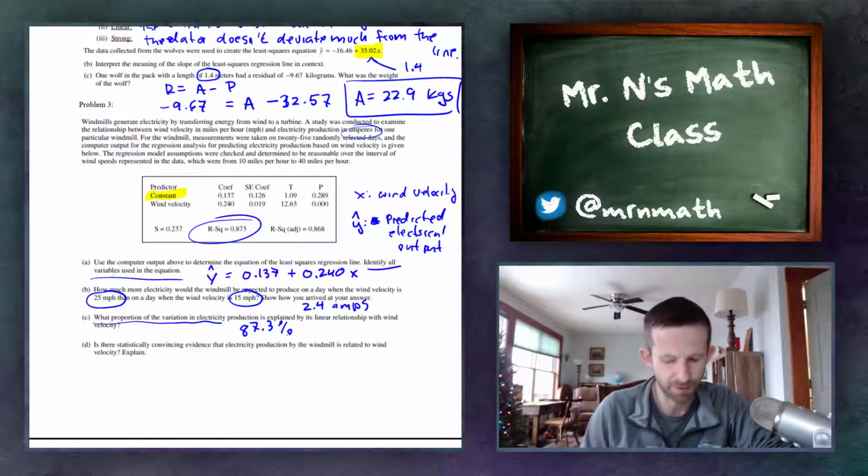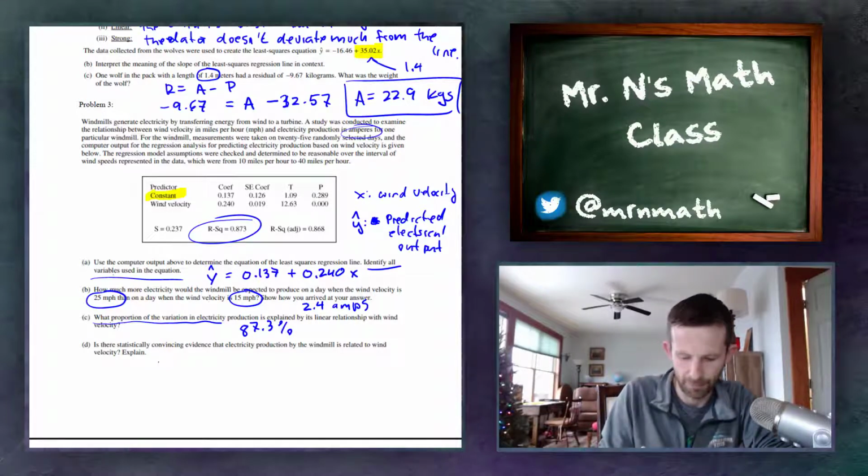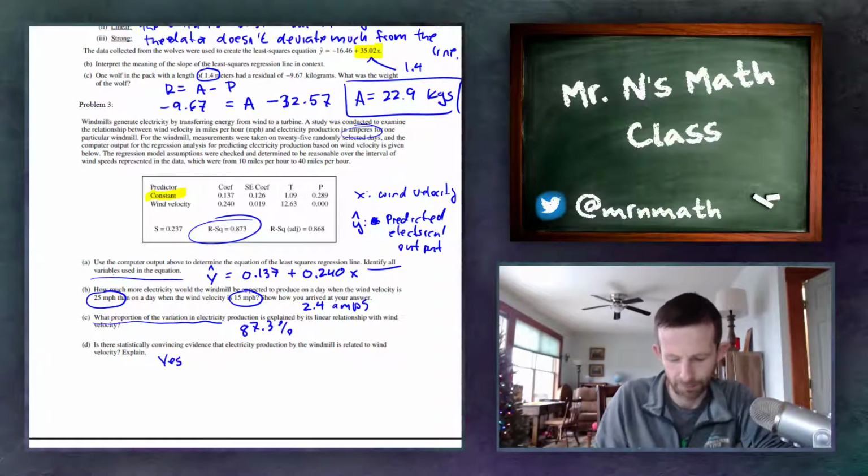Is there statistically convincing evidence that electricity production by the windmill is related to wind velocity? Yes. The r squared value is quite high.